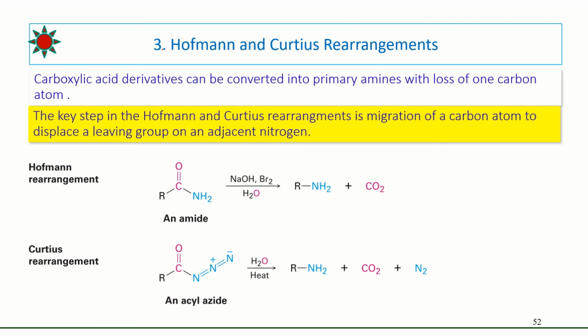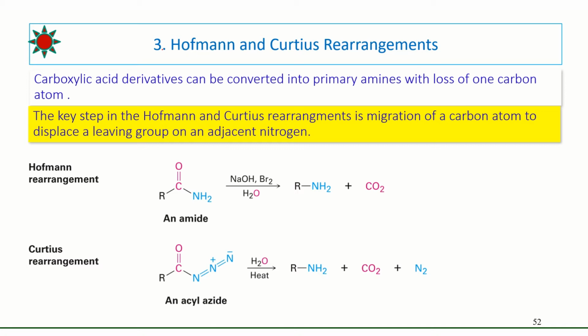The next set of named reactions are the Hoffmann and Curtius rearrangements. Look at it carefully, because what they are is we have these amides.